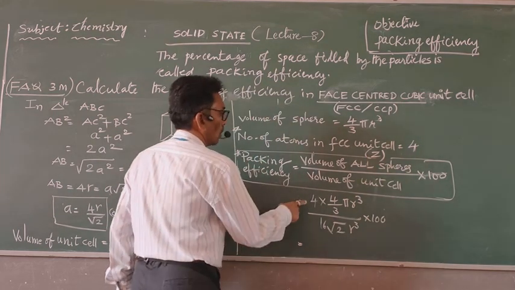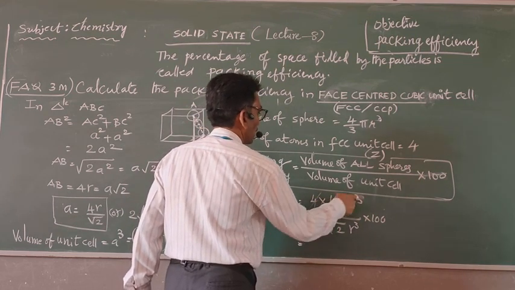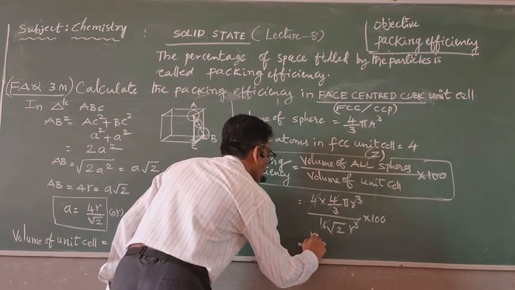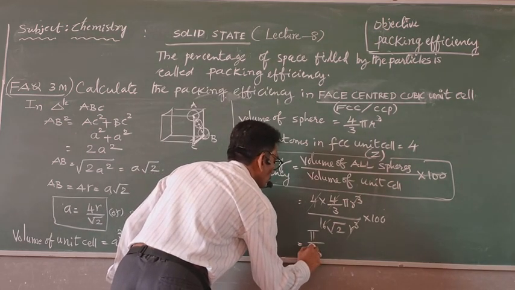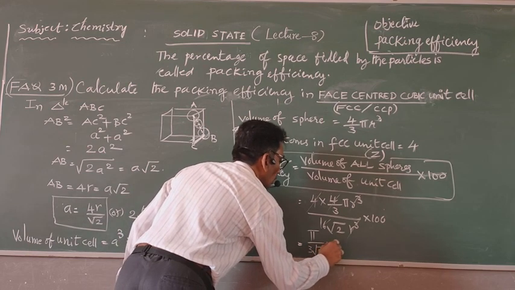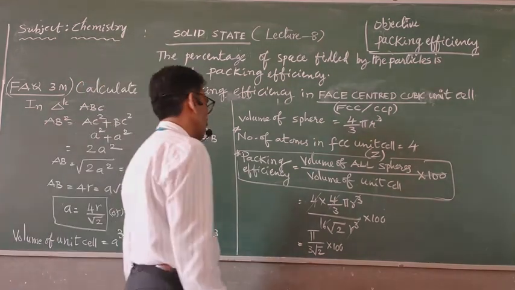Yes, 16 gets cancelled and r cube gets cancelled. Pi by 3 root 2 into 100 is useful at the time of competitive examination.